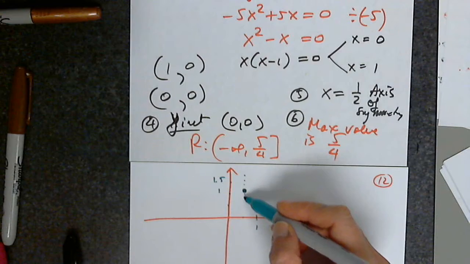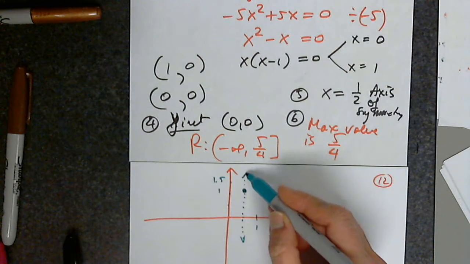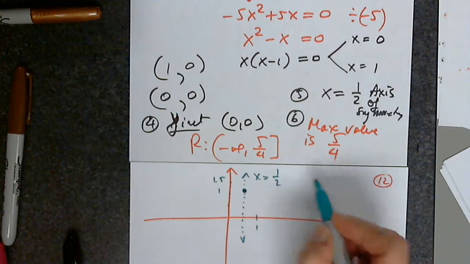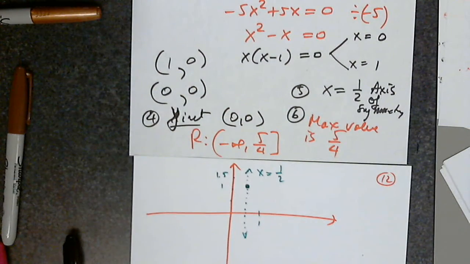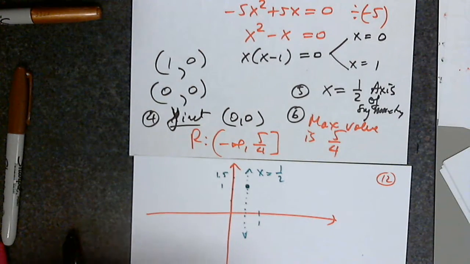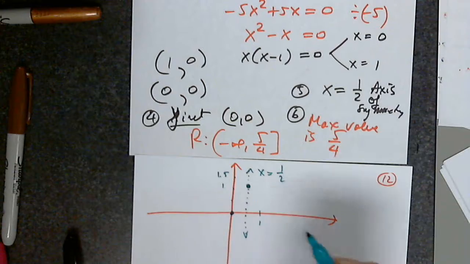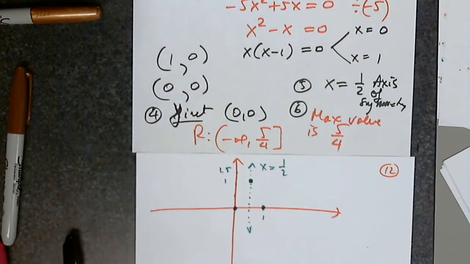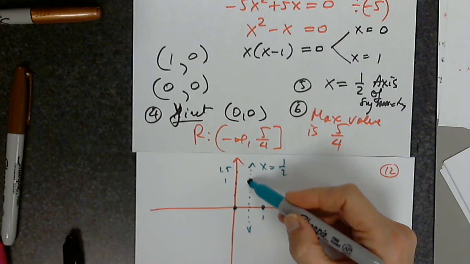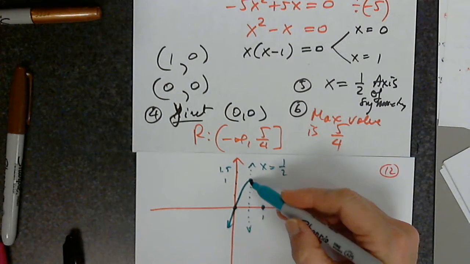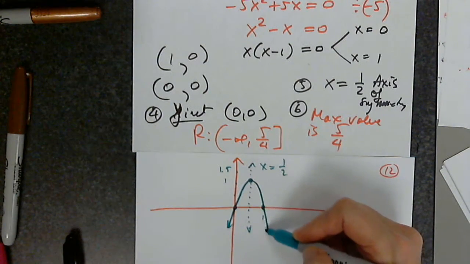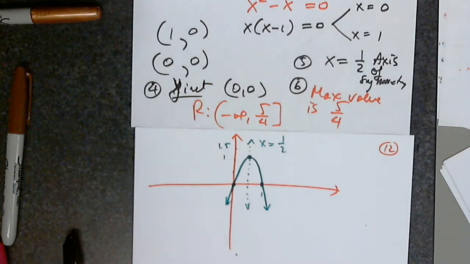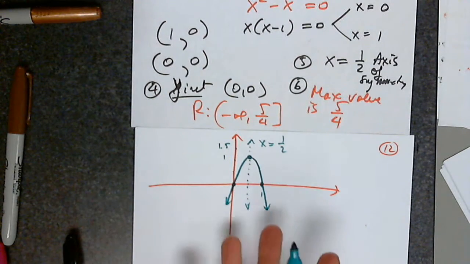Then the axis of symmetry, just to help me keep the graph symmetric. Then I plot 0, 0 and 1, 0. And that's it. Try to make it as symmetric as possible. Is my graph symmetric?